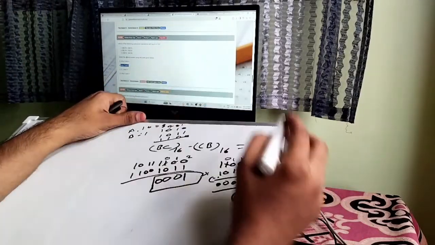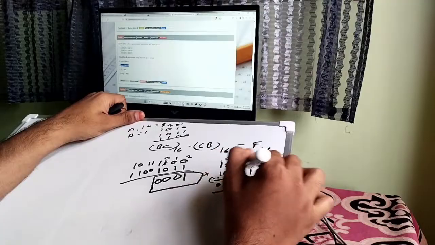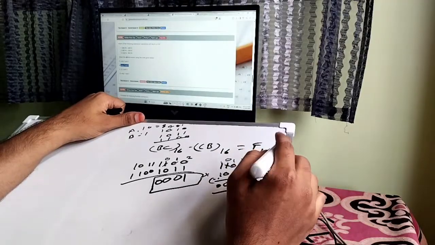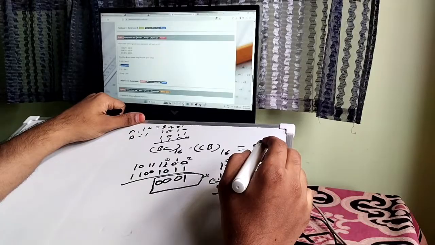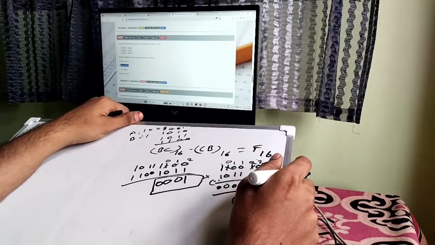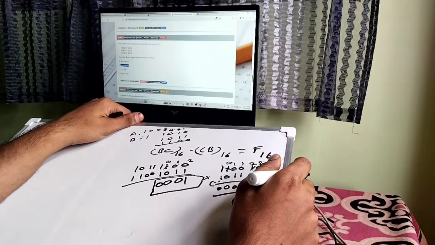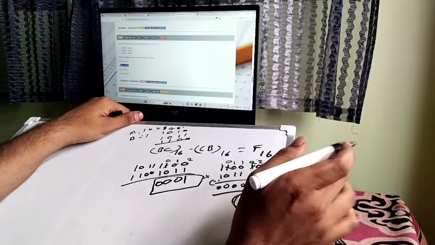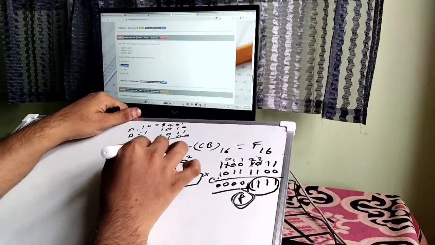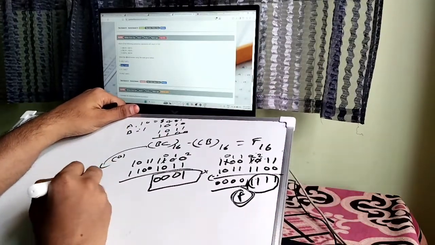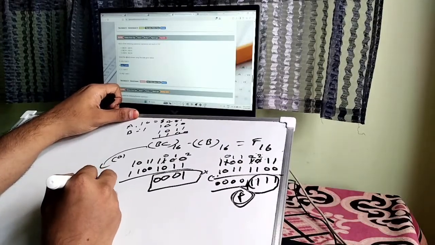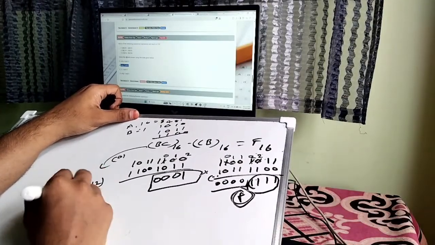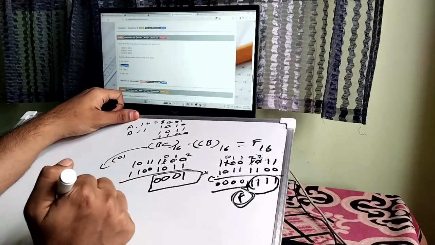You can ask me why we are doing it like this. Or we can write it another way. B means 11 and C means 12, and the base is 16.